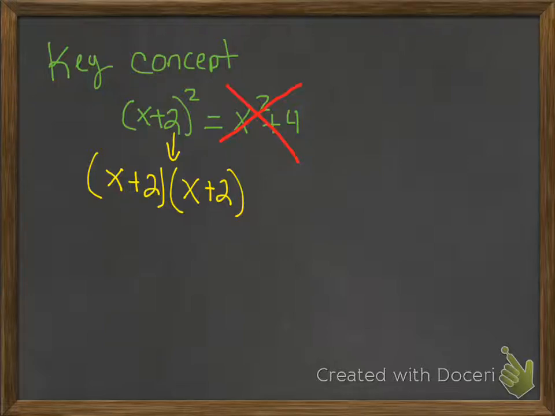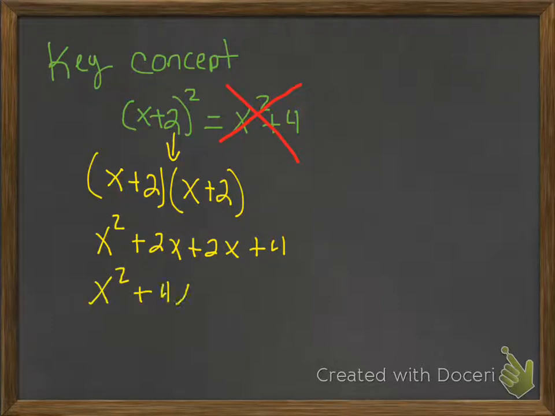And then when I do my foiling, first, outsides, inside, and last, notice that I don't get the answer that I thought it could have been because I have a middle term here that shows up. And that middle term shows up, so that's why I can't just say it's x squared plus 2 squared, which is 4.